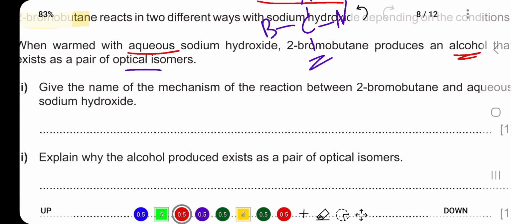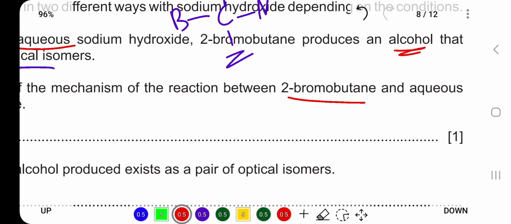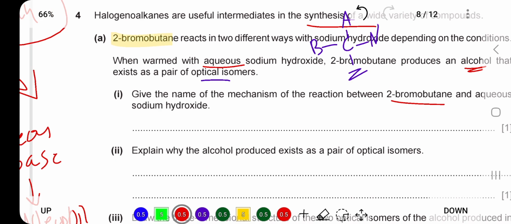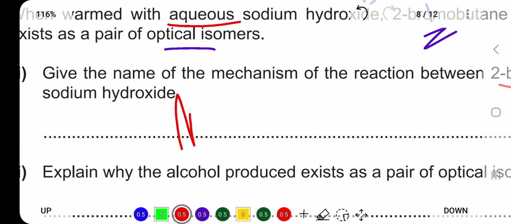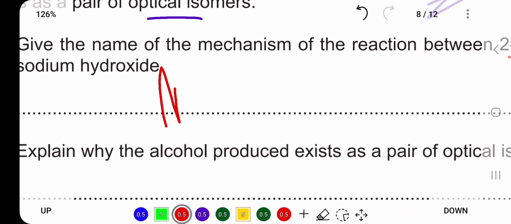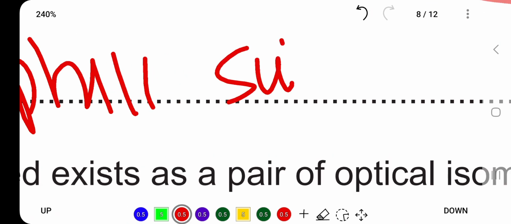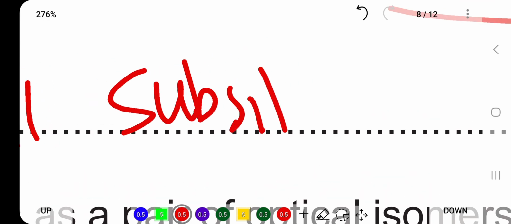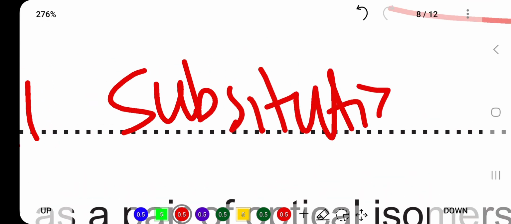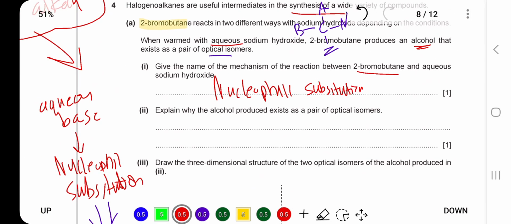Alright. Give the name of the mechanism for reaction between 2-bromobutane and aqueous sodium hydroxide. Oh, I said. Let me just repeat it again. Nucleophilic substitution reaction.